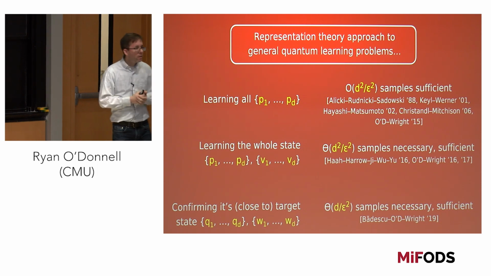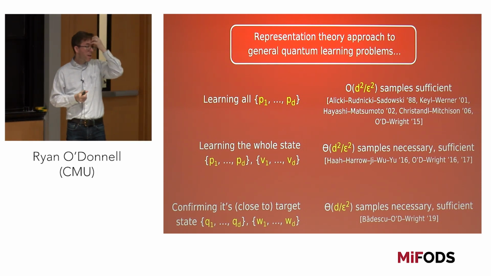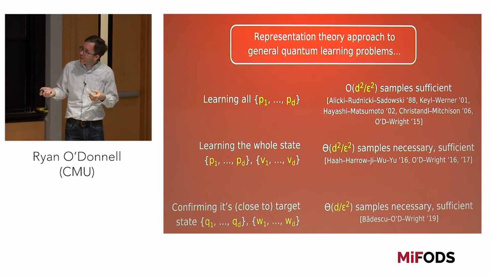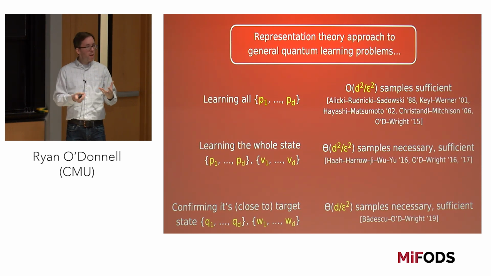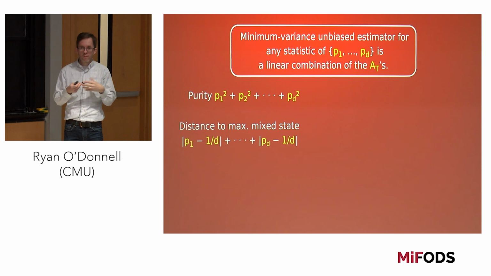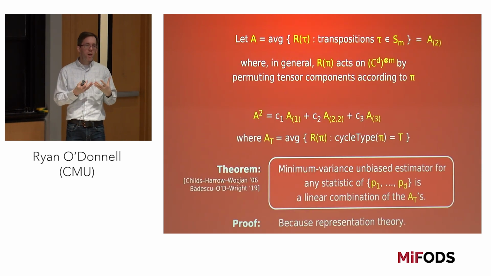So the lower bounds are classical or what? No, the lower bounds are quantum, but you can rely on the fact, related to this theorem here, that you kind of know what the optimal algorithm is. For any learning problem, at least for problems only involving the p's, you can know what the optimal algorithm is.